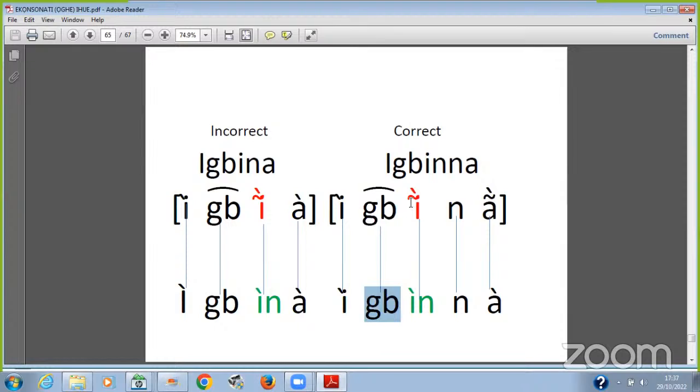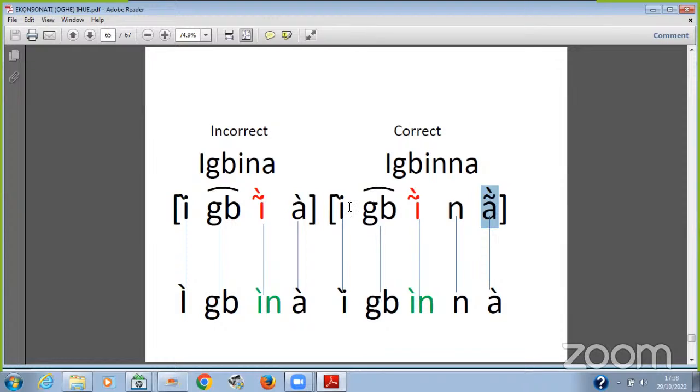And the third sound is E, which is represented by the digraph IN. And the fourth sound is Ni, which is represented by the letter N. And this sound is what spreads nasality onto the other R.